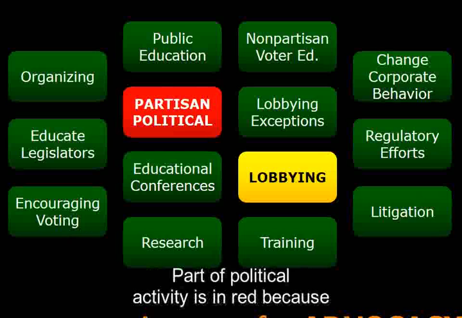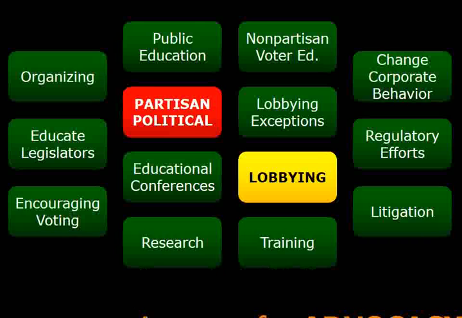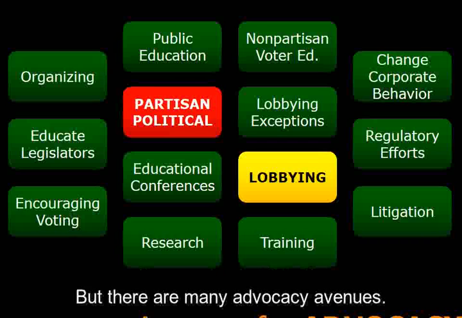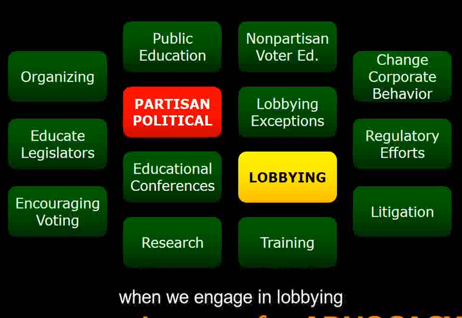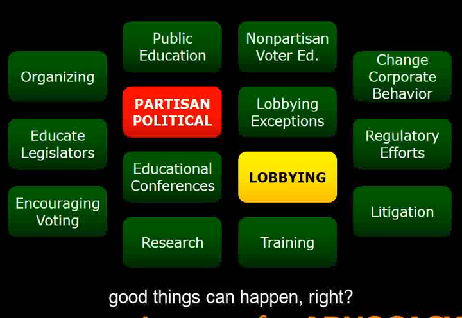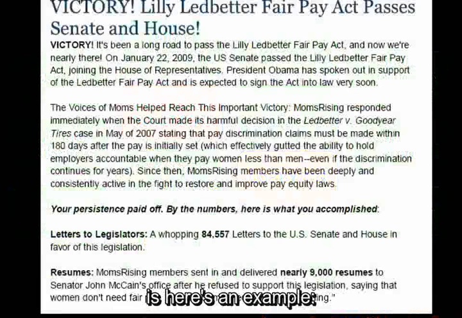Partisan political activity is in red because it's completely off limits for 501(c)(3) organizations. But there are many advocacy avenues. And when we engage in advocacy, when we engage in lobbying, great things can happen. Here's an example.